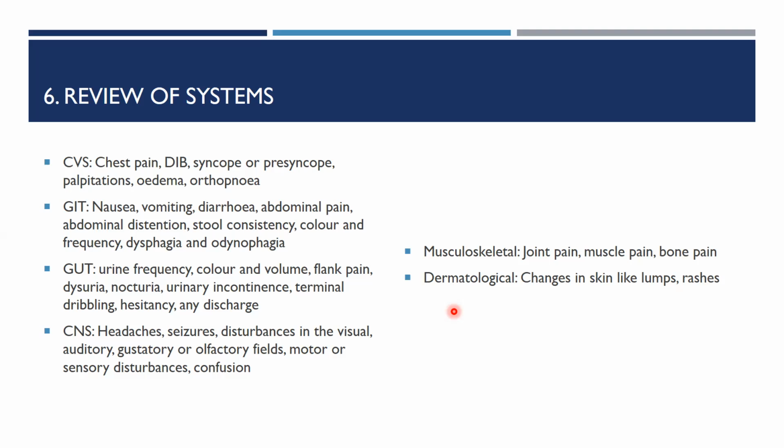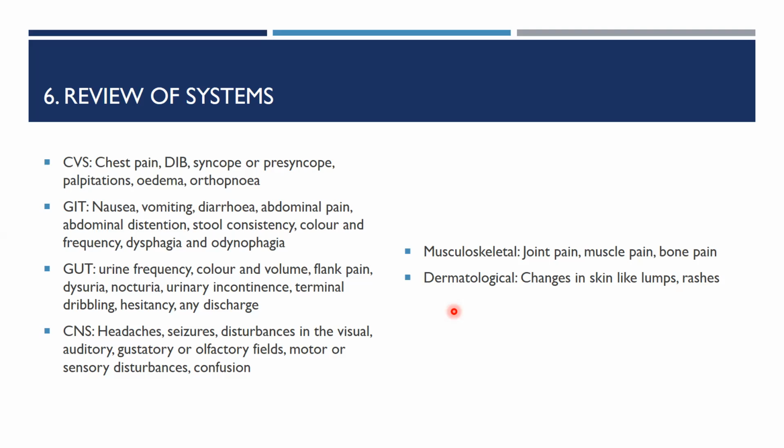Urinary. How is the short call business? Frequency, is it normal? Color, is it normal? Volume, is it normal? Flank pain. Do they have pain on their sides? That's what we call flanks, on their sides. Do they have pain while urinating?